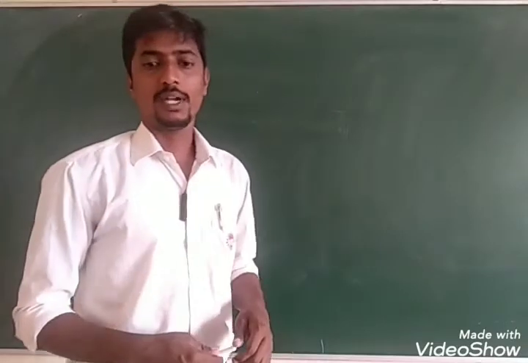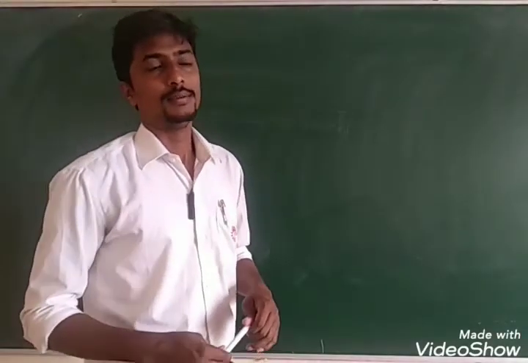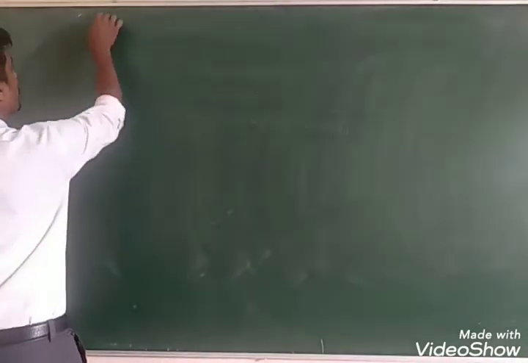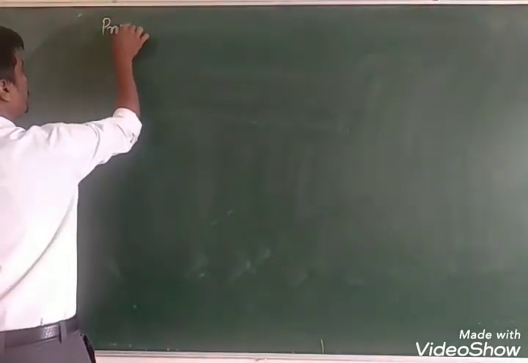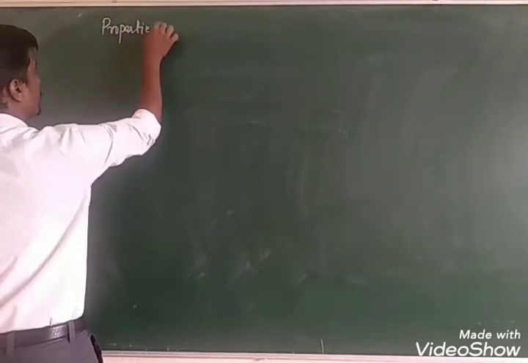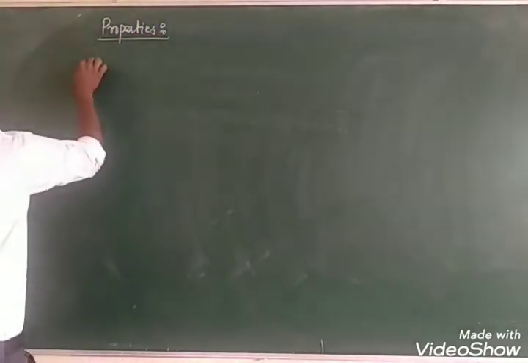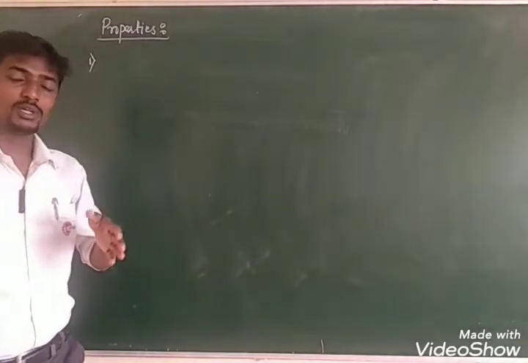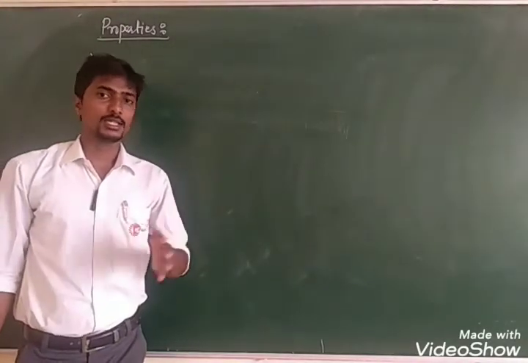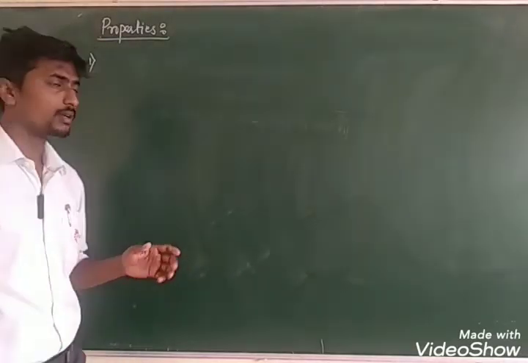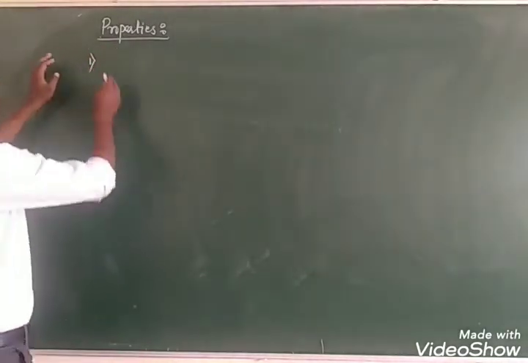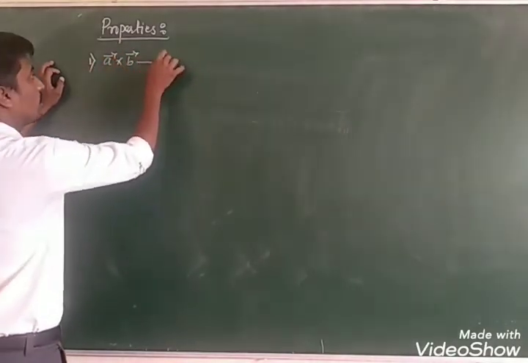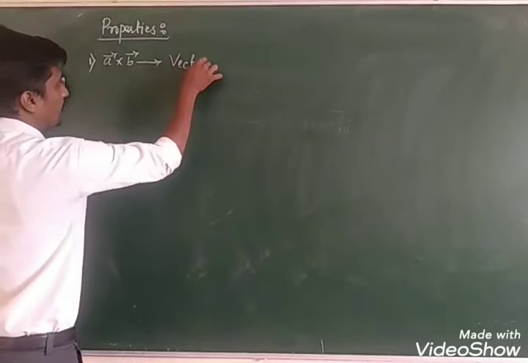Let us move on to the properties of the cross product of vectors. Property number 1: the dot product of any two vectors is always a scalar quantity, but the cross product of any two vectors, A cross B, is always a vector.